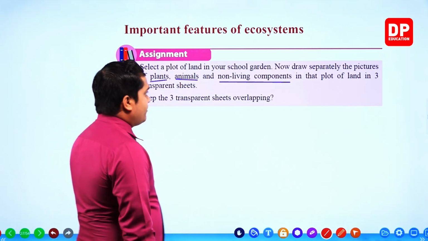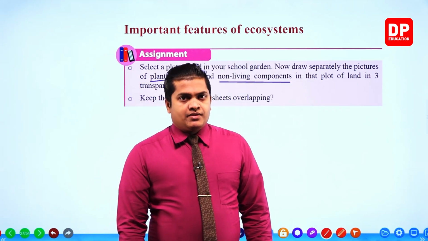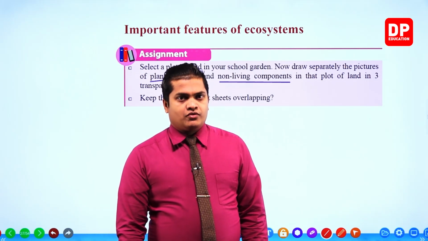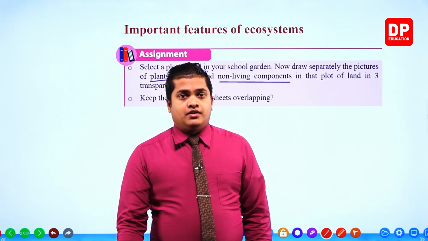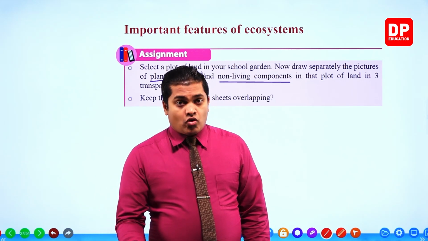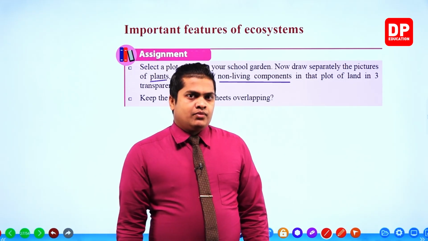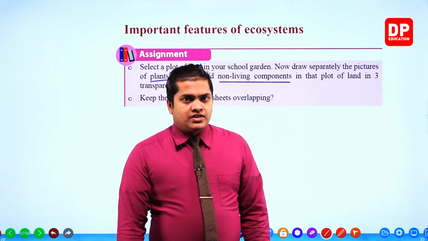Okay, so you have to draw all of these things, right? Non-living components like soil and water. If there are water sources, then you have to draw water sources, then soil, then sunlight, then rocks and so on. Non-living components. Then the living components like animals and plants. So you have to draw them using 3 different transparent sheets, my dear children.